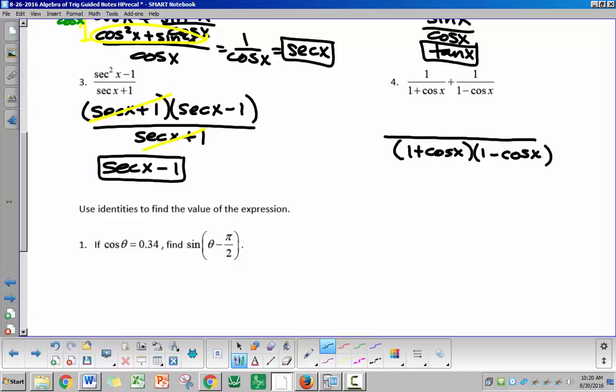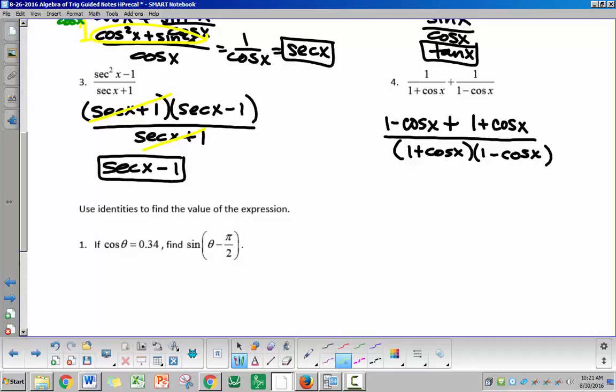And the numerator is going to be, what do I multiply this first fraction by? Good. 1 minus cosine x plus, and then I multiply this fraction times 1 plus cosine x. Now, I don't have to worry about distributing anything right here because it's a plus sign. If this was negative, I'd put this in parentheses so I'd make sure I distribute it properly. But it's not. We don't have to worry about that.